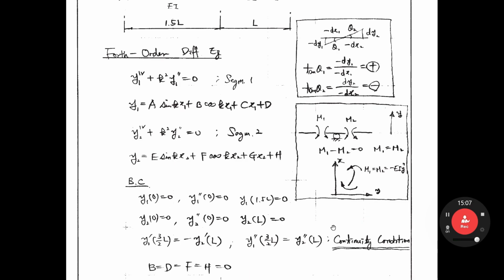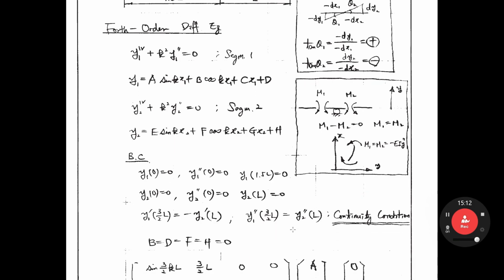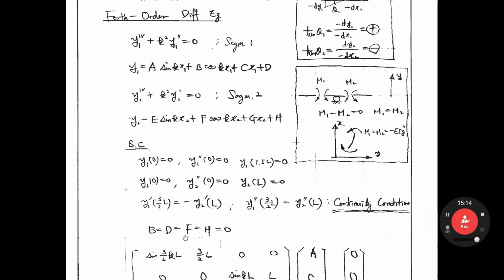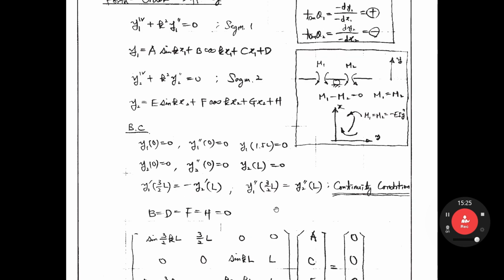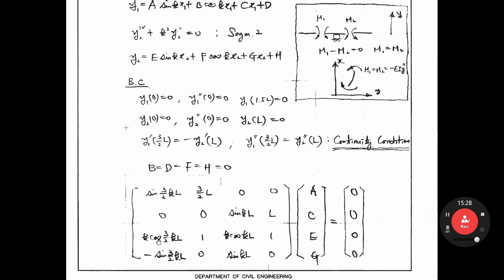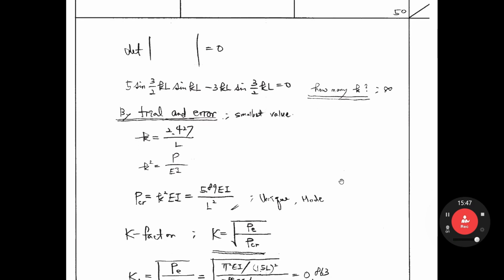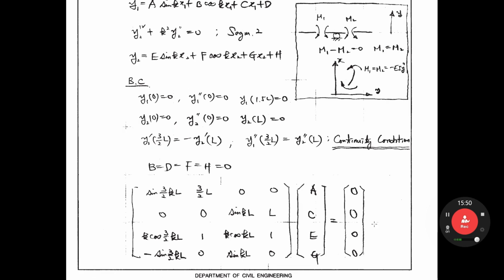Using these 8 equations, you can get B, D, F, H equal 0. If we input this condition here, y1, y2, then you can get this equation. And then you have the additional 4 equations that can be written in this matrix form regarding A, C, E, G. So in order to satisfy this equation, this determinant must be 0.